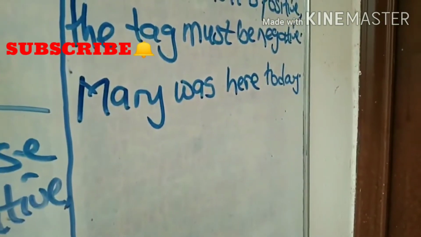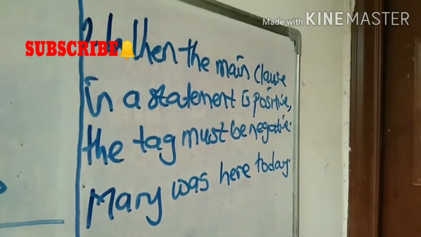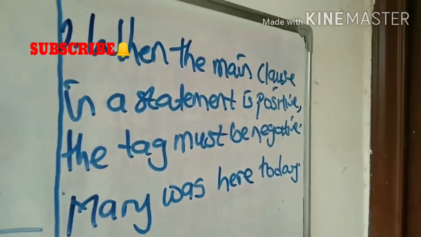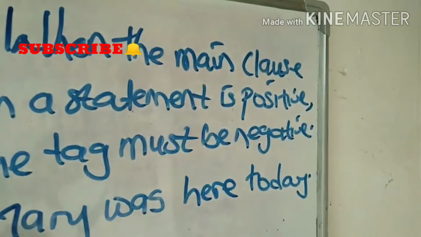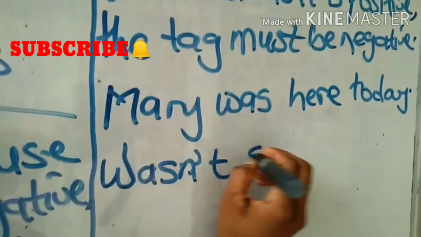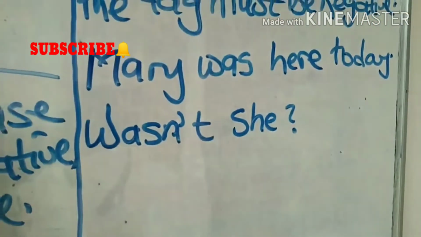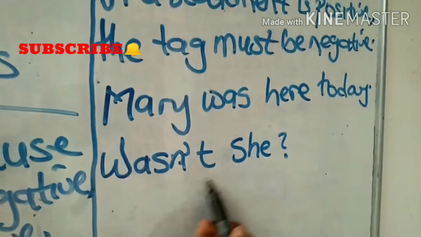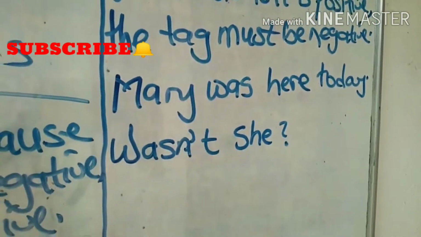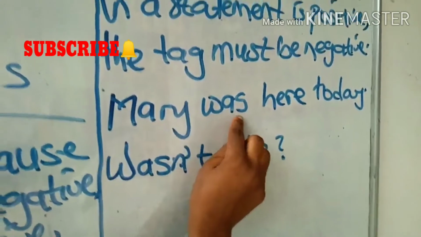It says, when the main clause in a statement is positive, the tag must be negative. Okay, now the correct tag would be, wasn't she? Okay, look at that. Mary was here today, wasn't she? The reason why the tag is negative is simply because the statement is positive.